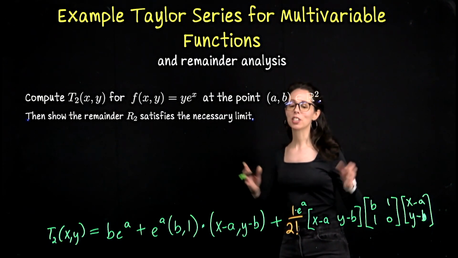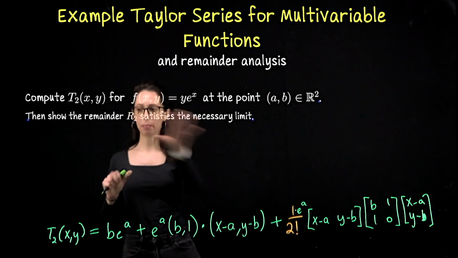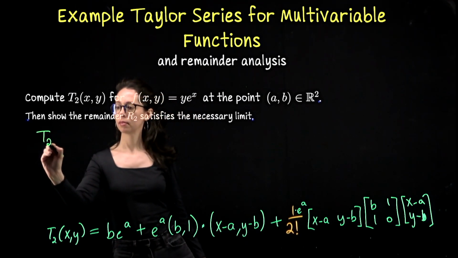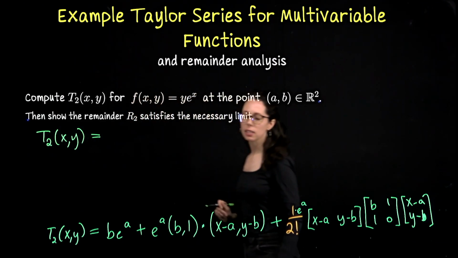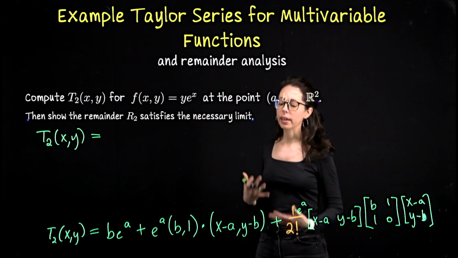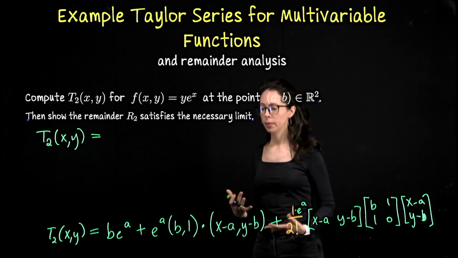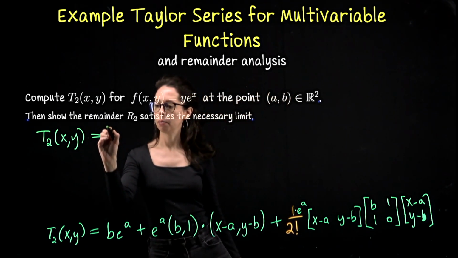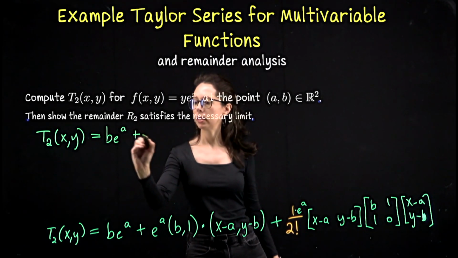Okay, it's a little strange to simplify up, but if you permit me, I'm going to rewrite this expression up here. And let's just expand this. That's what I wanted to get to, something that looks like a second order polynomial for the variables x and y. Okay, we have this leading scalar b e to the a plus e to the a.